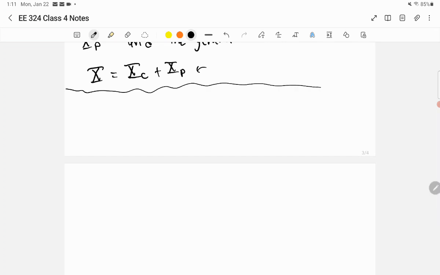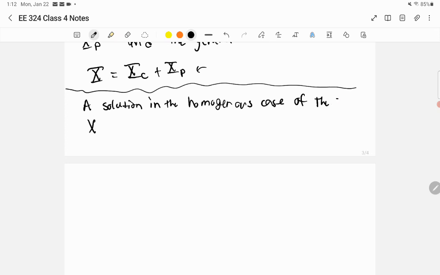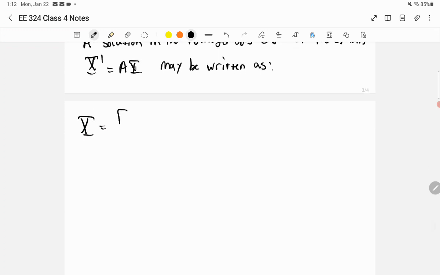Here's an interesting fact. A solution in the homogeneous case of the system x prime equal to Ax may be written as follows. x is equal to some vector, say k1 of i, k2 of i, dot dot dot, kn of i, where i is the ith solution, right?